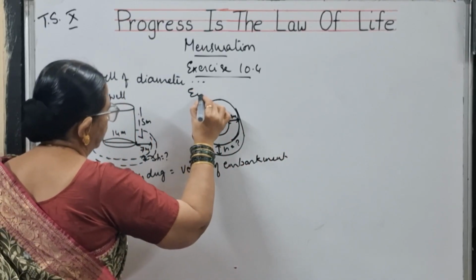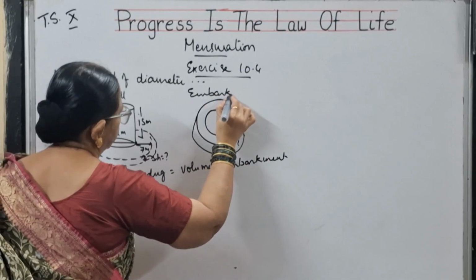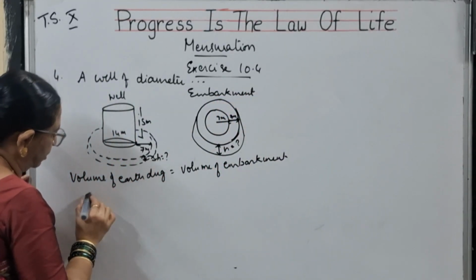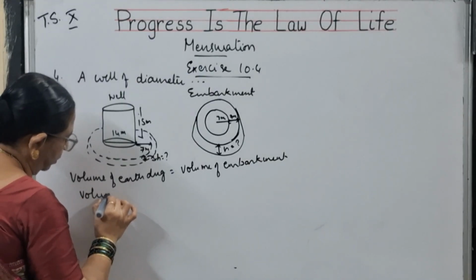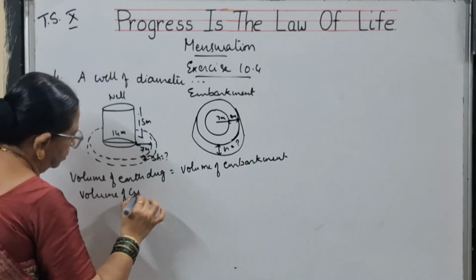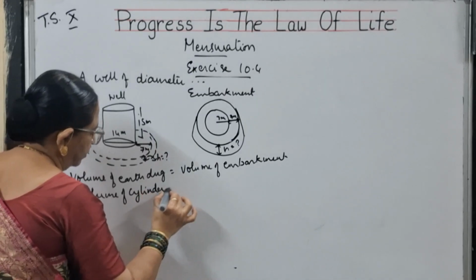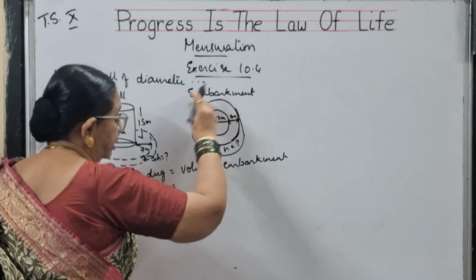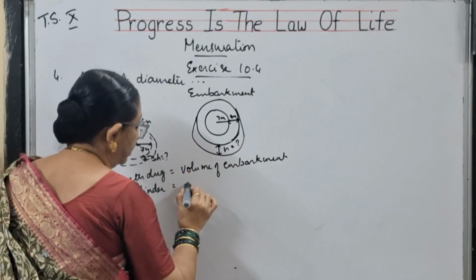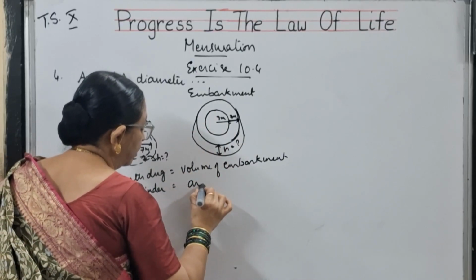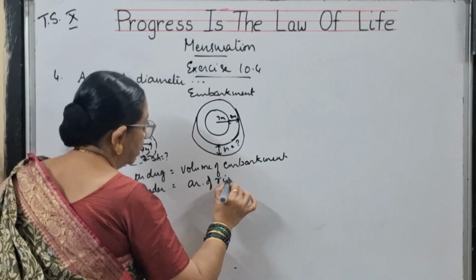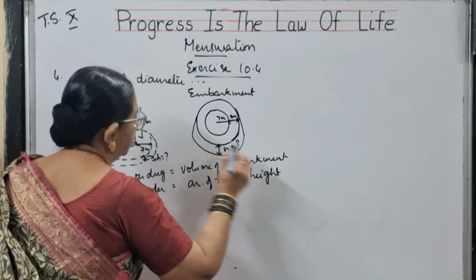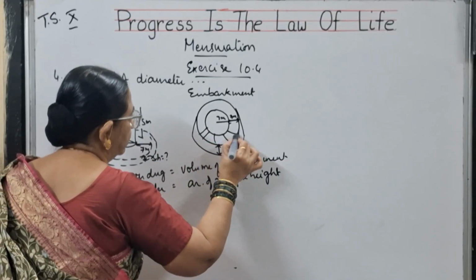This is the well, and this is the embankment. The volume of earth dug is nothing but the volume of a cylinder, because the earth is in the form of a cylinder. This embankment is nothing but a ring with some height. That means area of a ring into height, because only this part we need to find out.